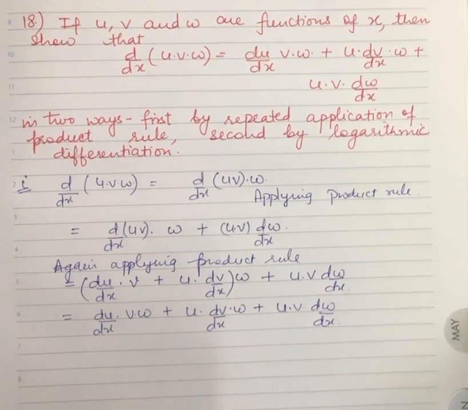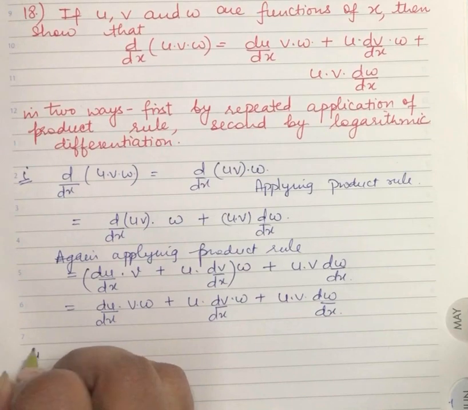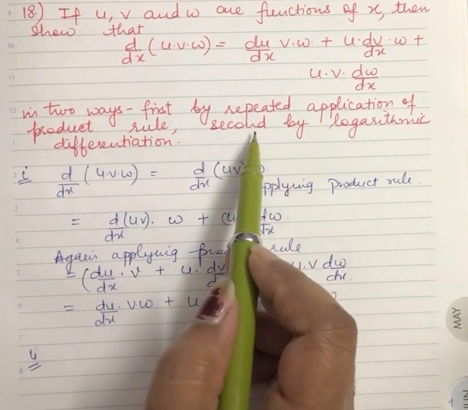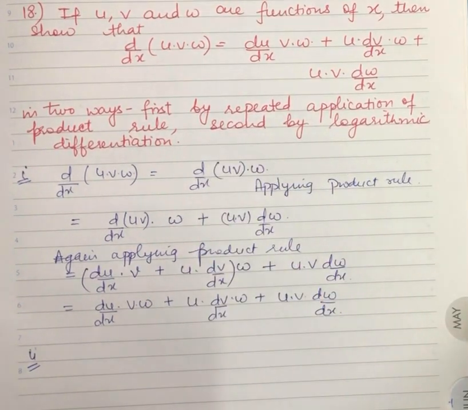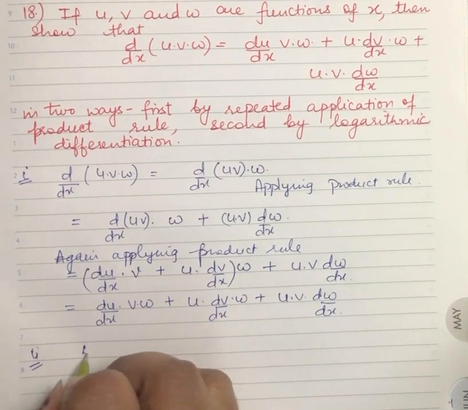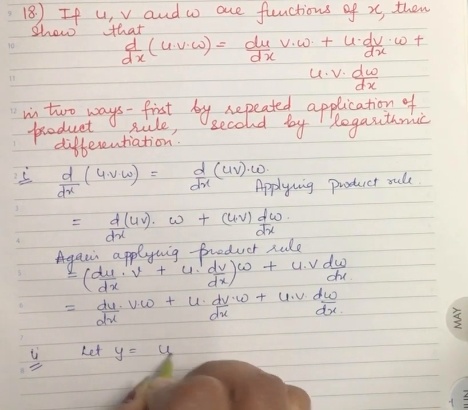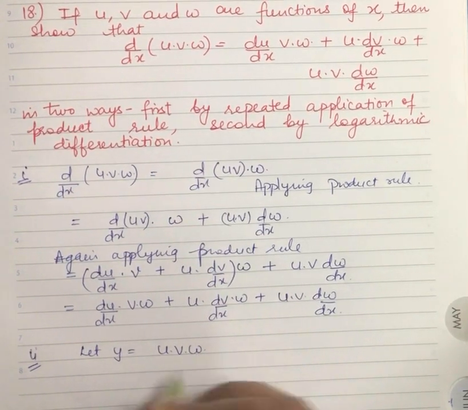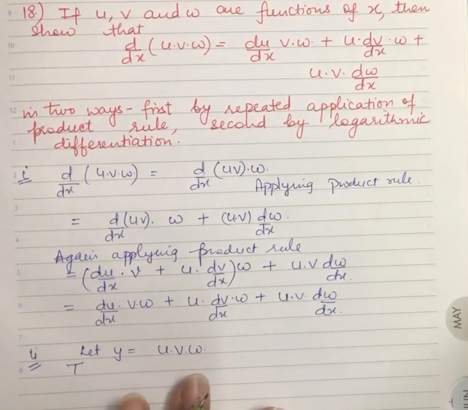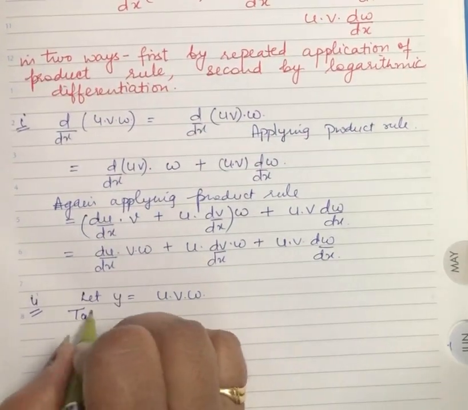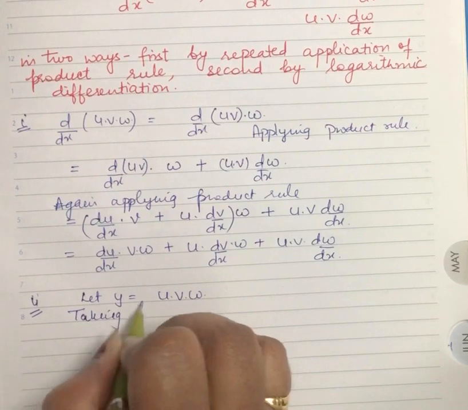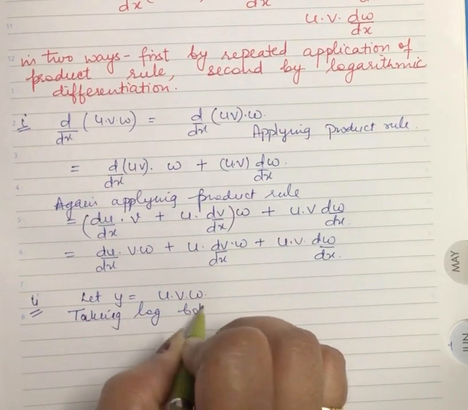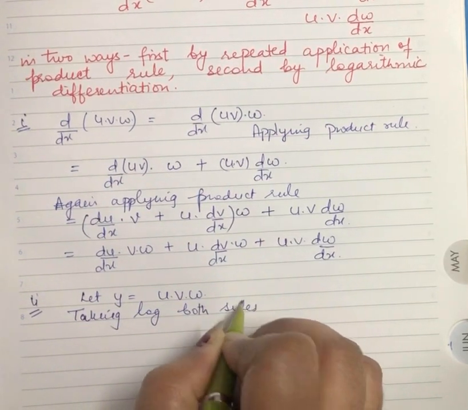Now in the second part, we have to use the logarithmic differentiation. So now let y equal to uvw. Now taking log both sides, what we get?